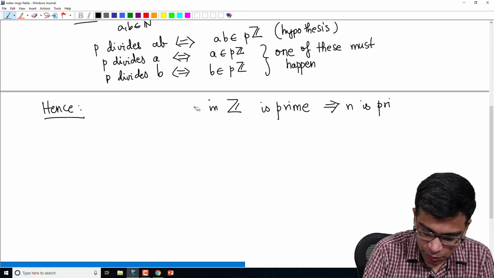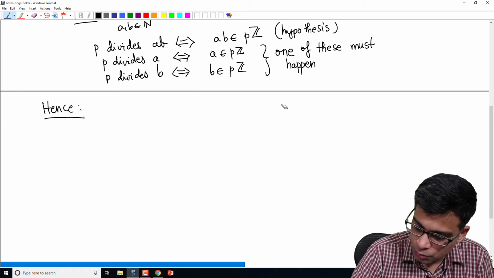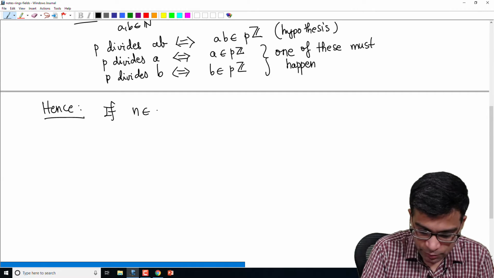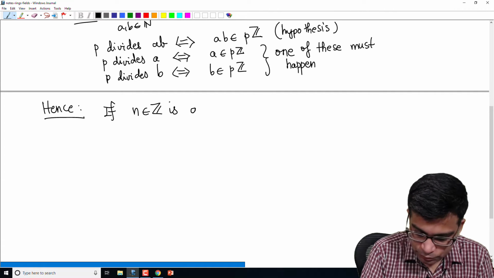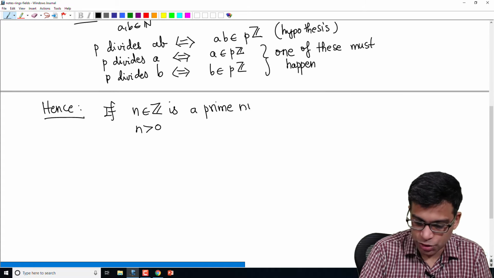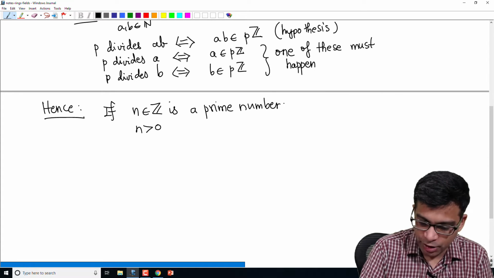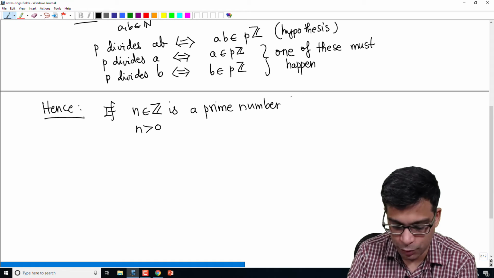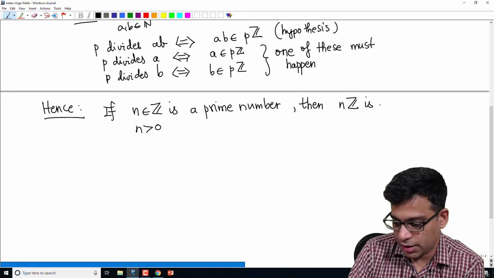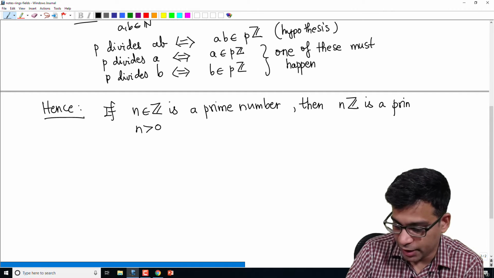Okay, so actually maybe I should not say this. Let me say one direction. So if n is a prime number, n is an integer, so let's assume n is a positive number, n is a prime number because prime numbers are by definition positive integers, then nZ is a prime ideal.